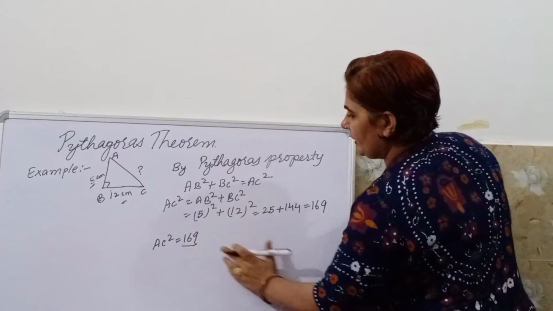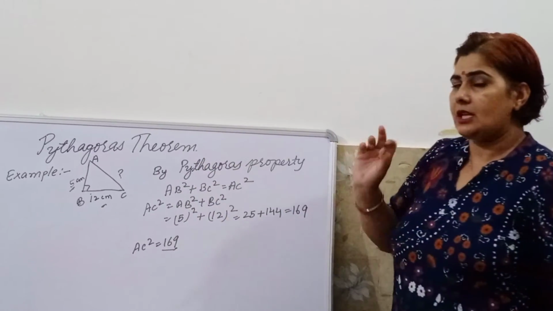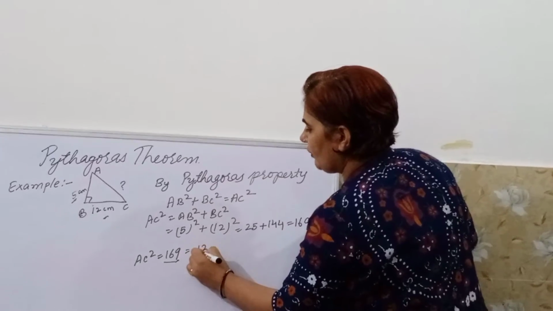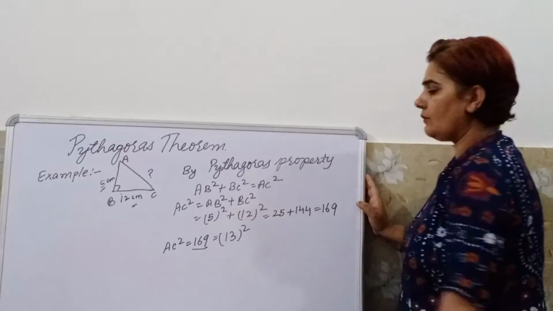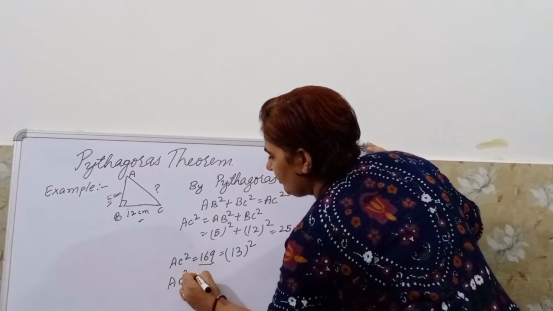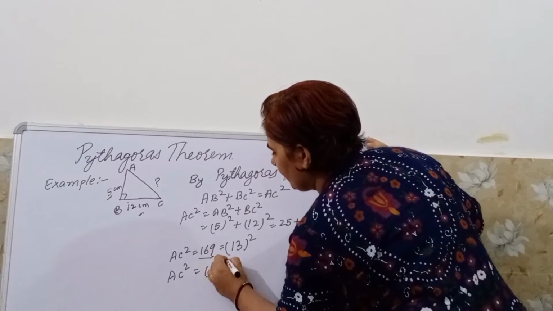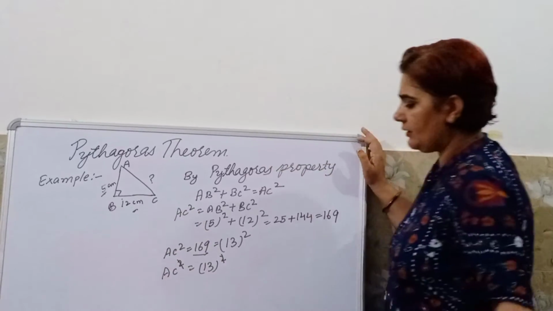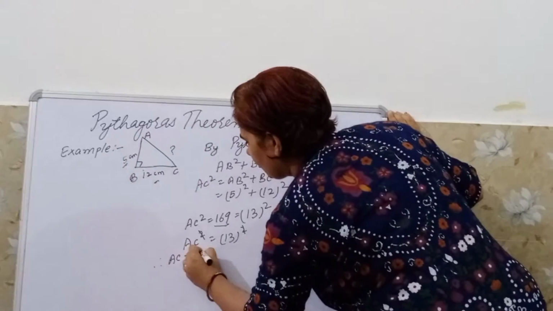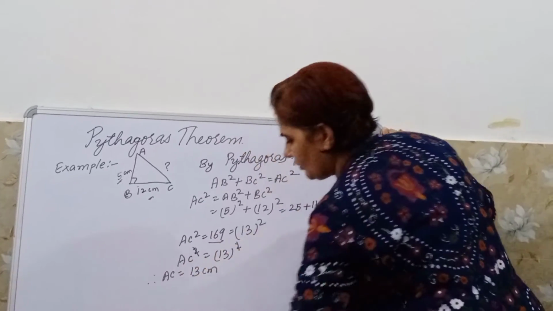So we need a number that has 3 at its unit place. So the square of 13 is 169. AC has power 2, and 13 also has power 2, we will cancel that. And the answer is, therefore AC, the hypotenuse, is 13 centimeter.